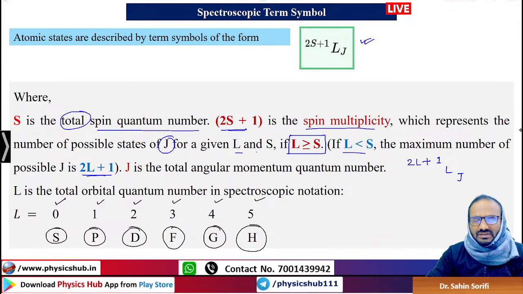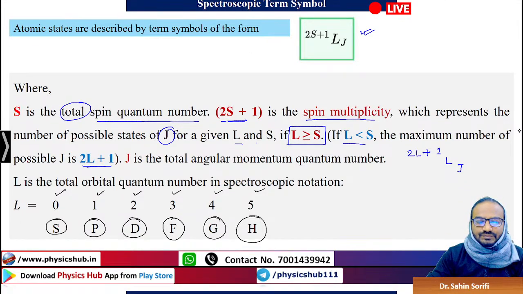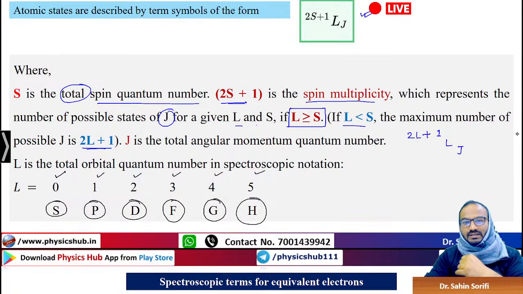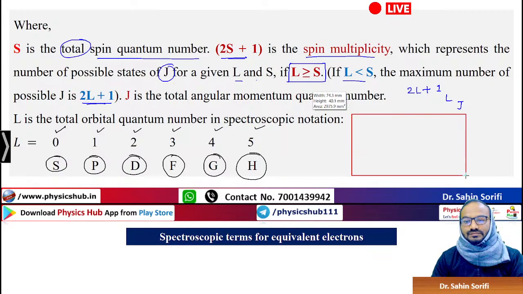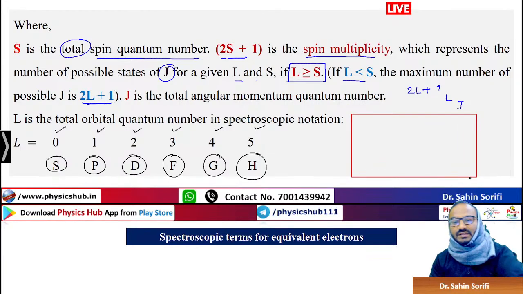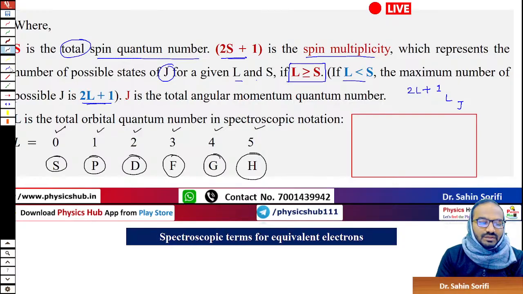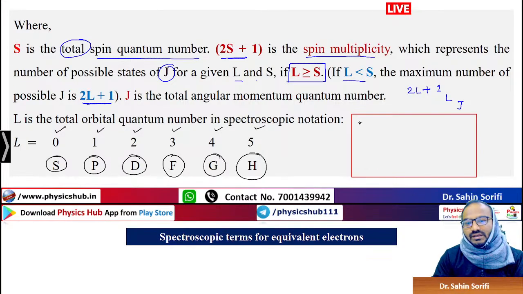Now let us try to write spectroscopic terms for different symbols. In this regard, let me tell you the very fine difference between the two terms, level and term, and you already know it. How do you represent a level and how do you represent a term? We have already talked about it.